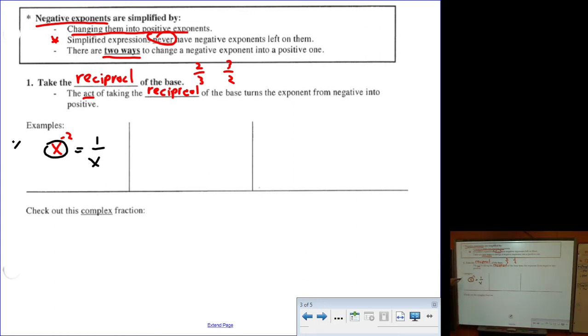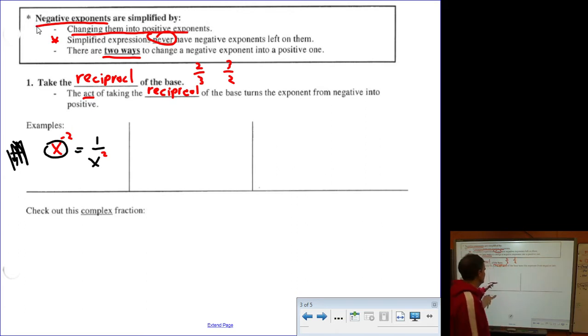You can think of x as a fraction by putting it over 1, and then its reciprocal would be flipping over the fraction. And when you flip the fraction over, that turns the exponent positive, and you're really done. 1/x squared is the simplified version of x to the negative second.